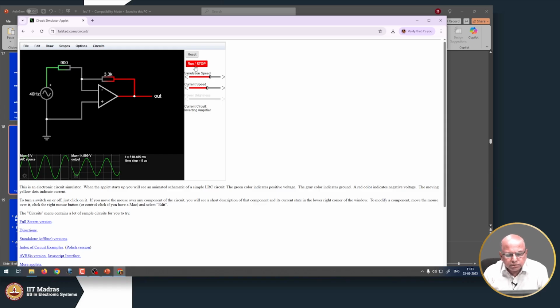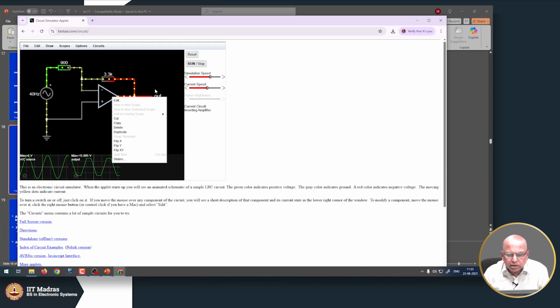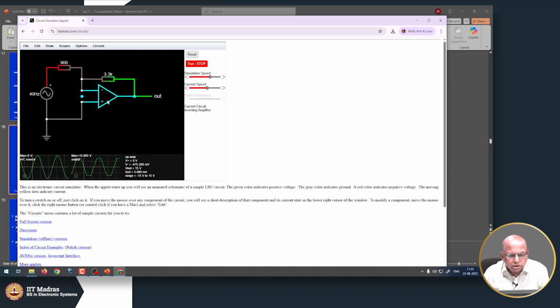So, now if you run this, okay, see now you have seen that there is a distortion here, okay, because the output cannot go beyond 15 volts. The op amp, okay, let me stop the simulation and show you. This op amp has a peak value of plus 15 volts and minus 15 volts.